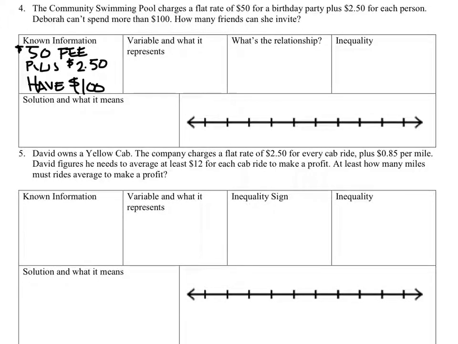So that is the known information. Let's define our variable x. Of course, you can use whatever letter you want, just not probably y or b. Well, I'm going to say that x should just represent whatever the question is we're trying to solve for. So that should be the number of friends.